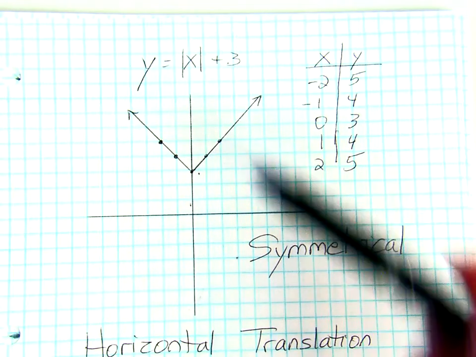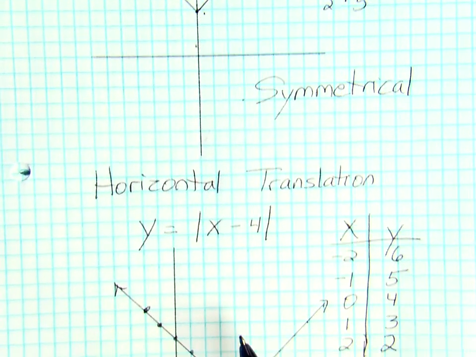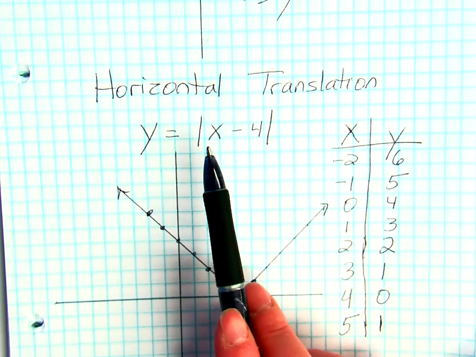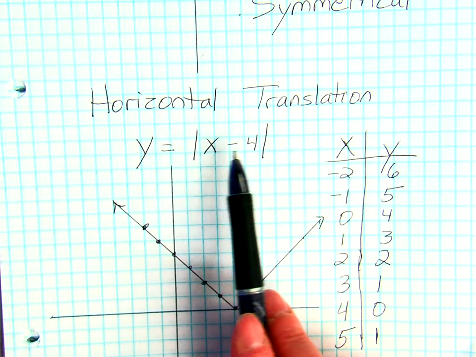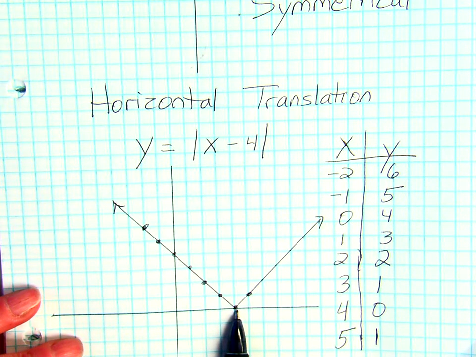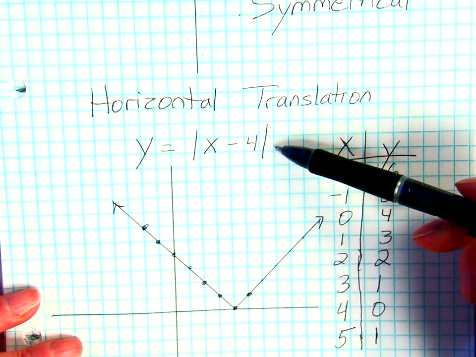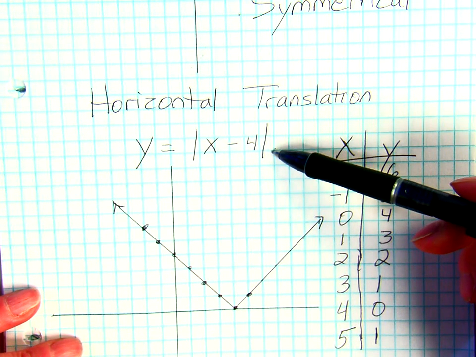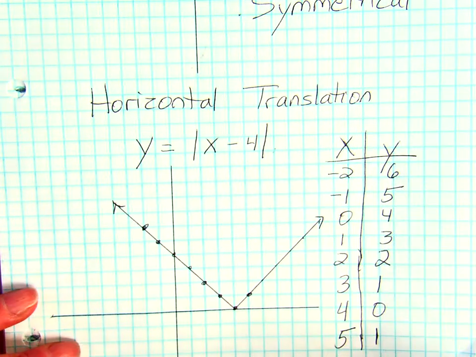Down here, when I am subtracting 4 within that absolute value, I'm actually going to plus 4 to the right. So horizontal translation, I'm doing the opposite. Vertical, I'm doing what it is telling me.